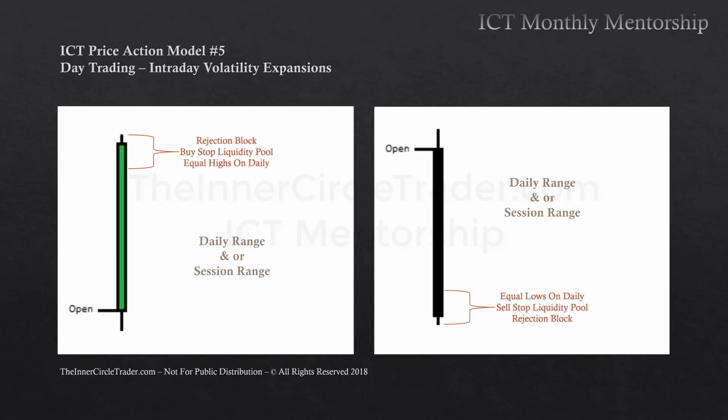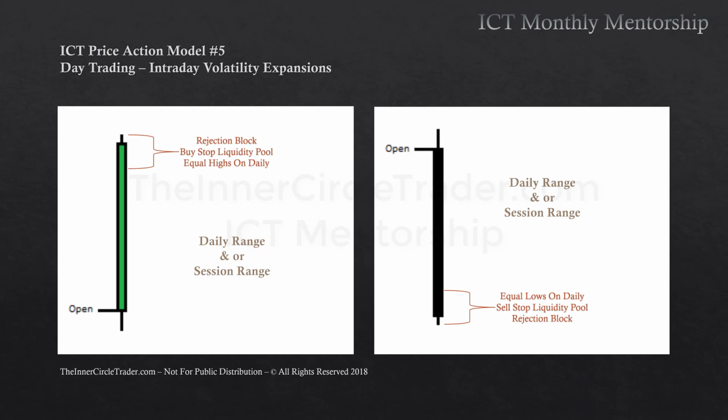Okay, targeting a rejection block above market price, a buy stop liquidity pool, or equal highs on the daily. Now, because it says on the daily here, don't lose sight that we could also be looking for intraday or intra-week equal highs. Okay, so that may be a PDA that may be of importance, and why the market should expand up to that price point.